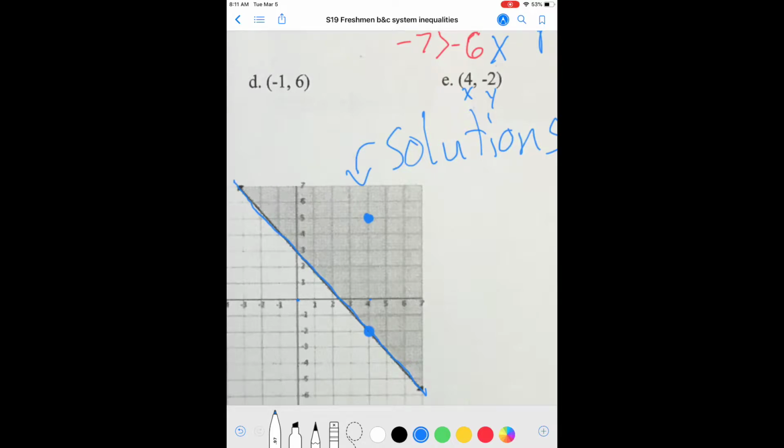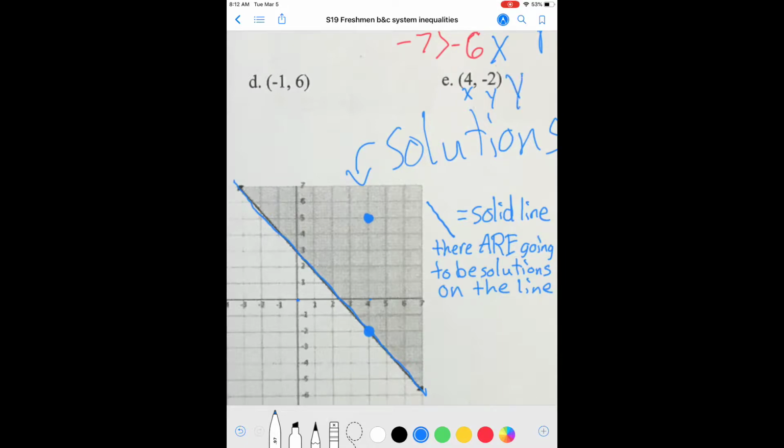So if we have a solid line, there are going to be solutions on the line. So only because the line that was given is solid, 4, negative 2 is a solution.